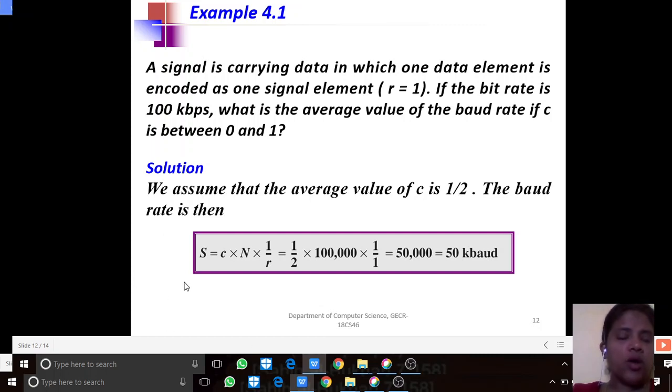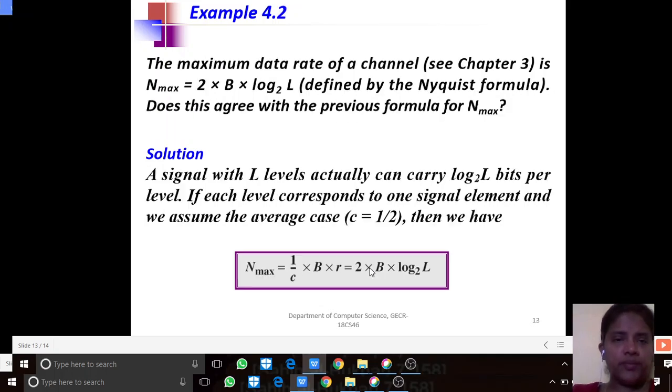The baud rate or signal rate is C × N × (1/R). C is 0.5, N is 100 kilobits per second, and R being 1, the result is 50 kbaud. Baud is the unit used to represent the signal rate.